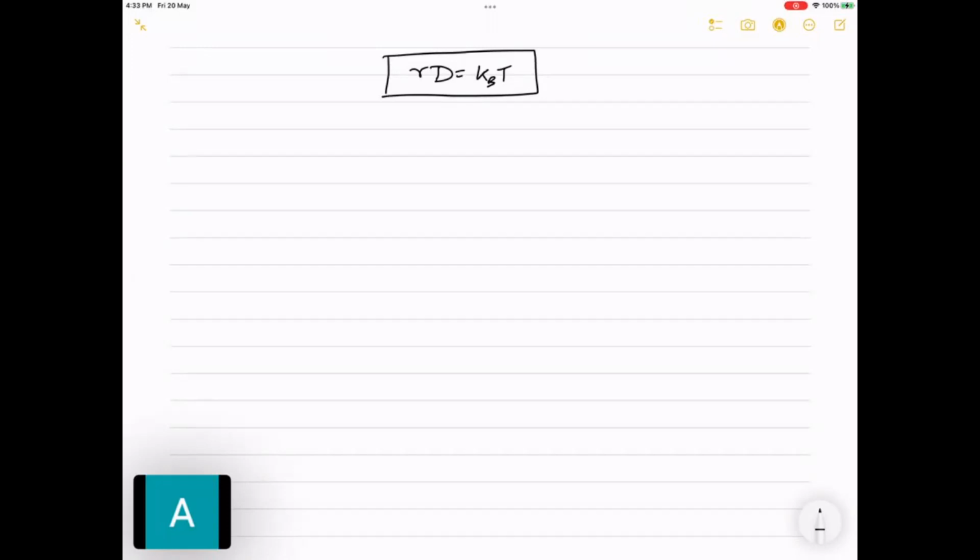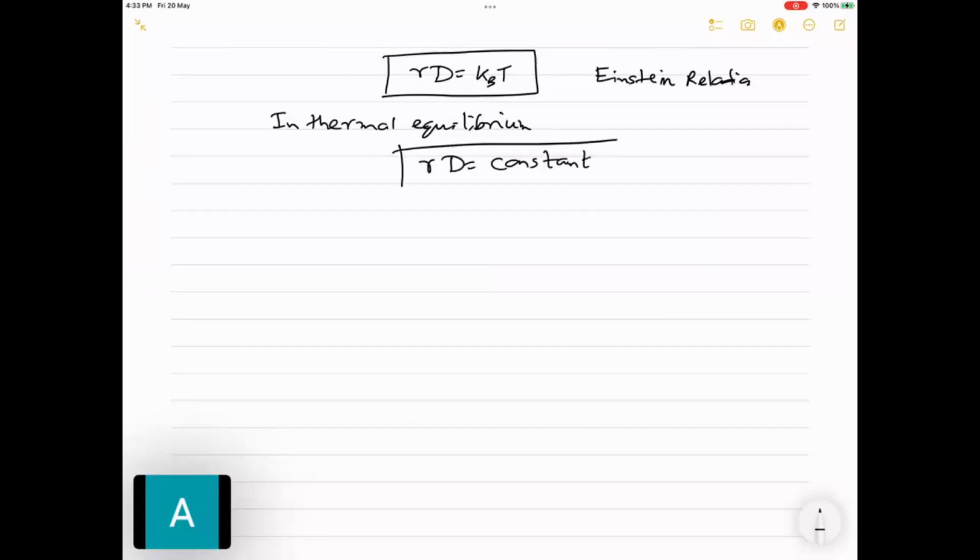So this is the Einstein relation. Now, what is its importance? So first thing you can see is that in thermal equilibrium, the value of T will be constant and kB is always constant, and therefore in thermal equilibrium gamma D is a constant quantity.